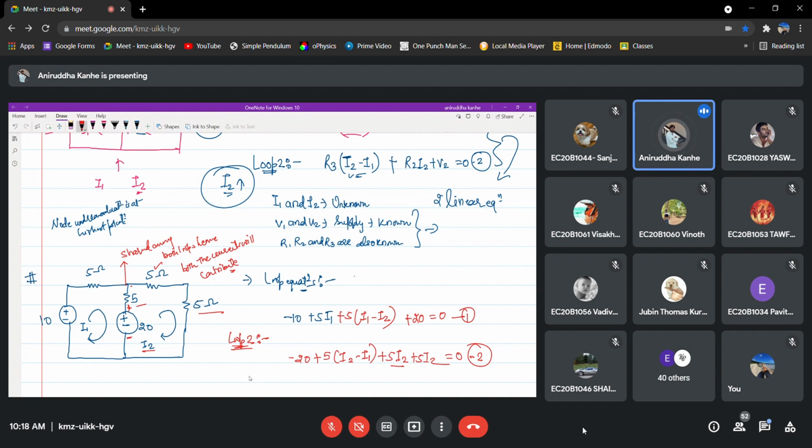Now you have to tell me what is the answer for I1 and I2. Please solve it.